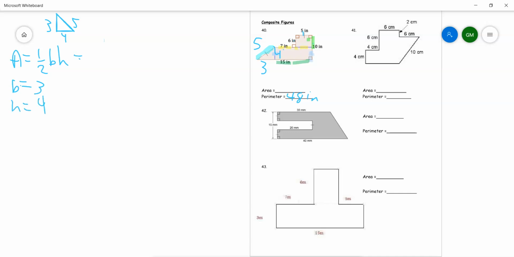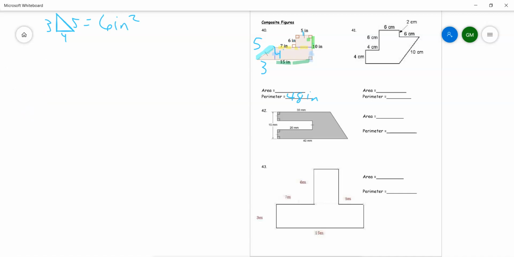All right. So that's 1/2, 3 times 4. 3 times 4 is 12. Half of 12 is 6. So the area of the triangle is 6 inches squared. That's one of our areas.